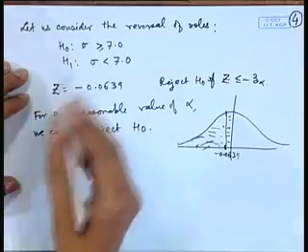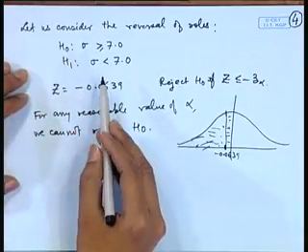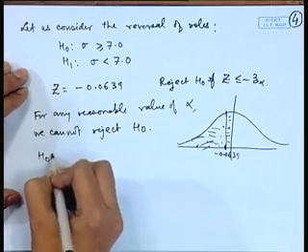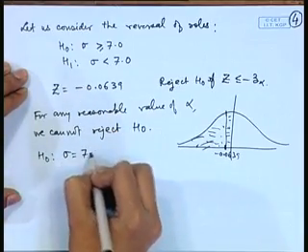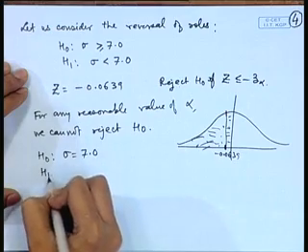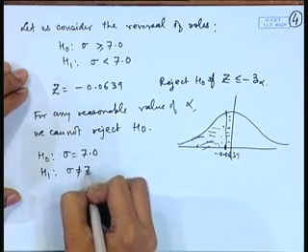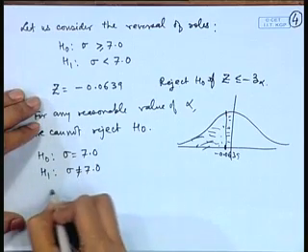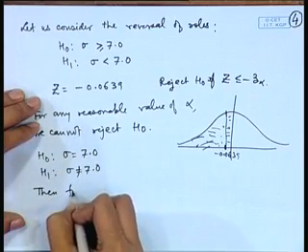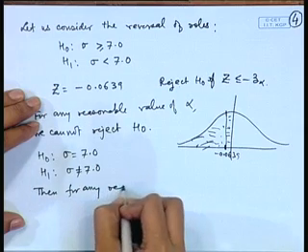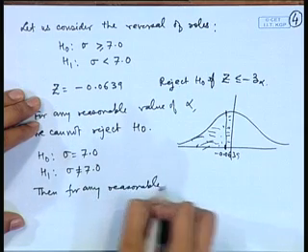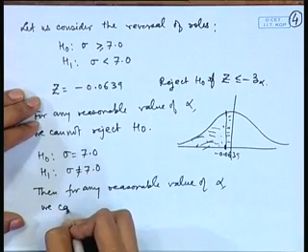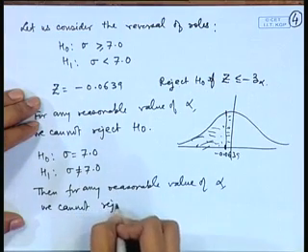If we see carefully, probably the reason is that the Z value is small. That means there is a reason to suspect that if we consider the hypothesis sigma is equal to 7 against sigma is not equal to 7, then for any reasonable value of alpha, we cannot reject H naught.